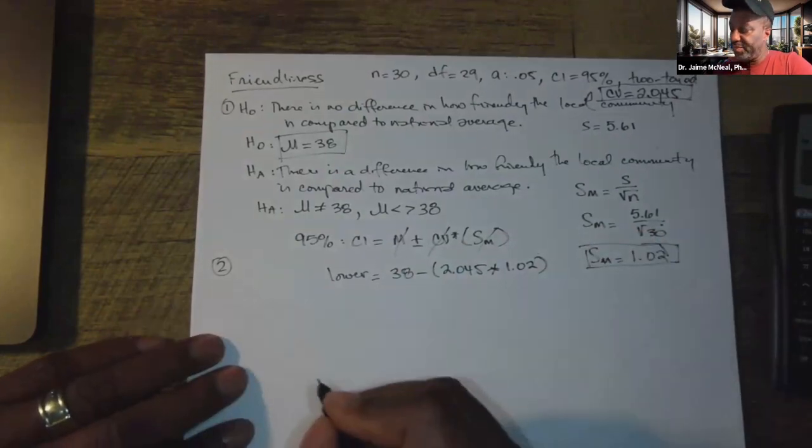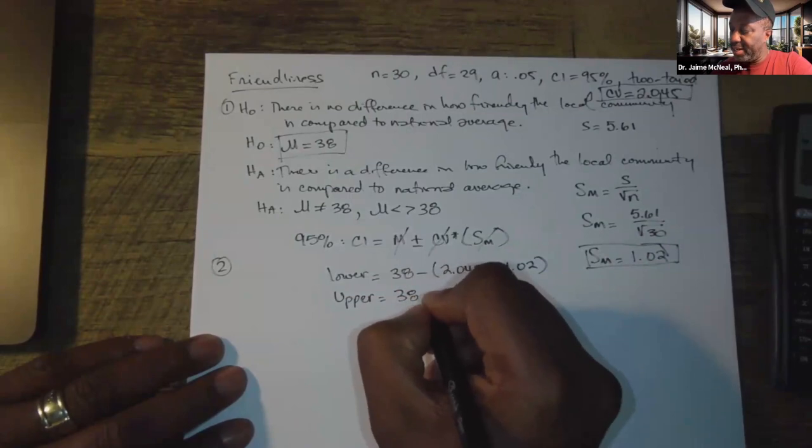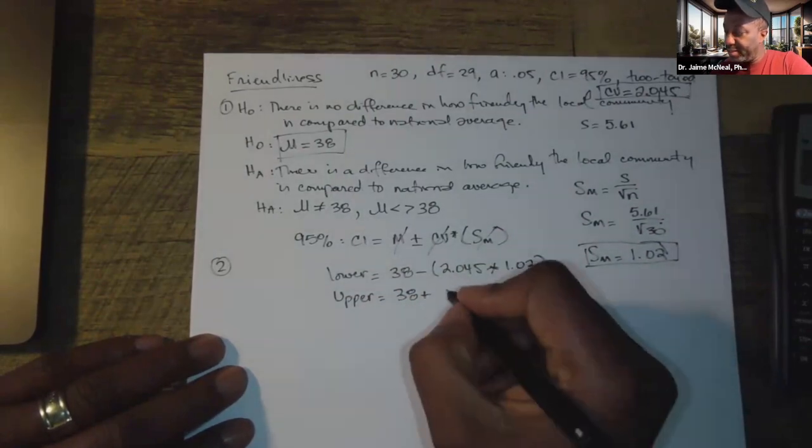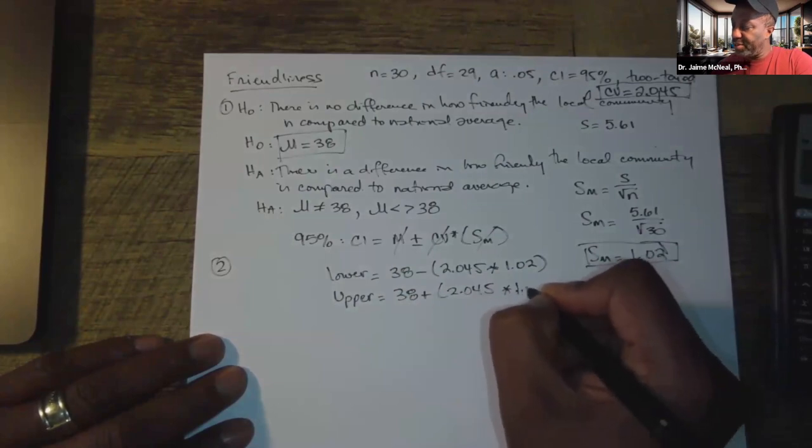That is the lower, and the upper is 38, and it's all this plus 2.045 times 1.02.